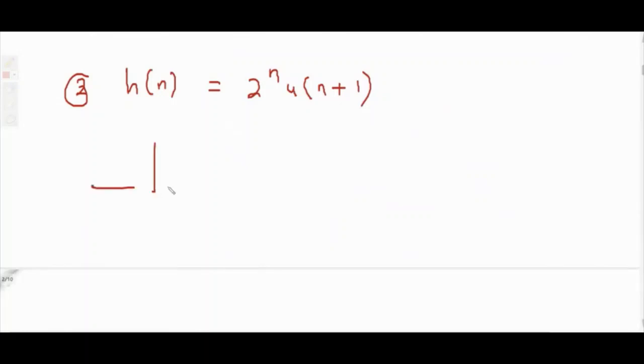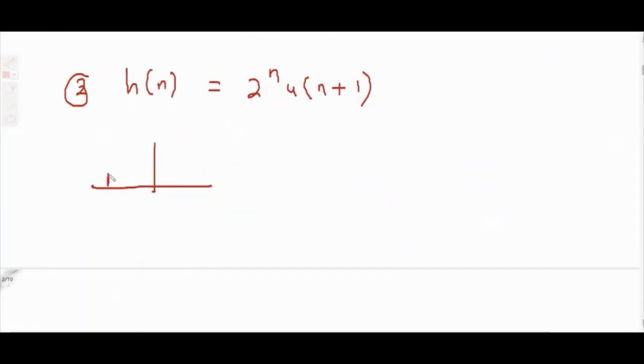Now one more, let us say h of n equal to 2 raised to n u of n plus 1. Okay. So 2 raised to n, again it is an increasing exponential type signal.